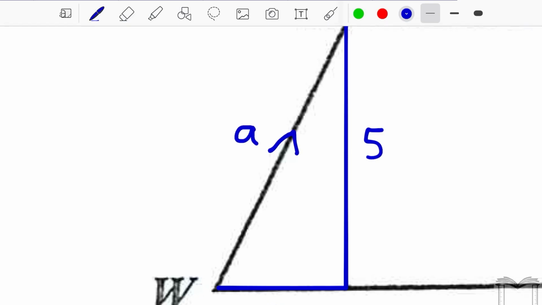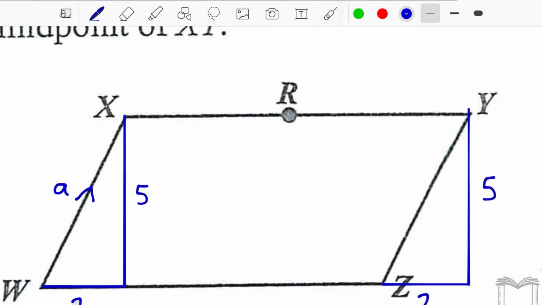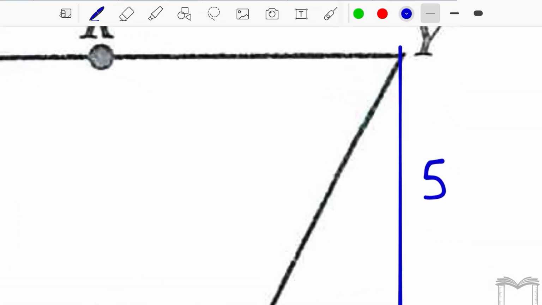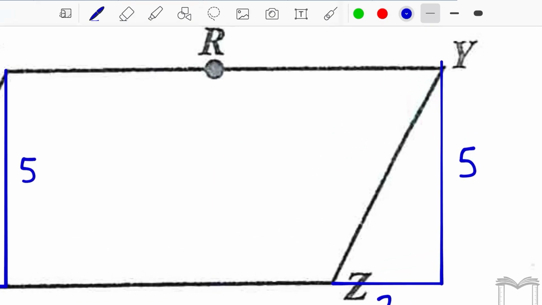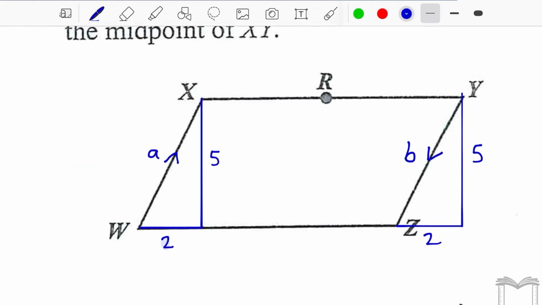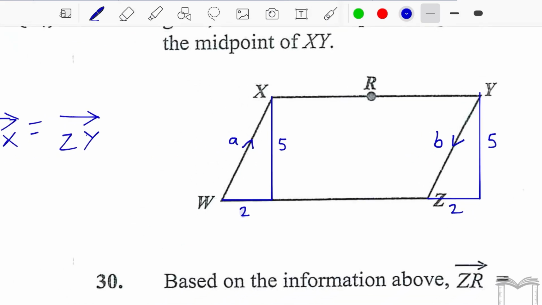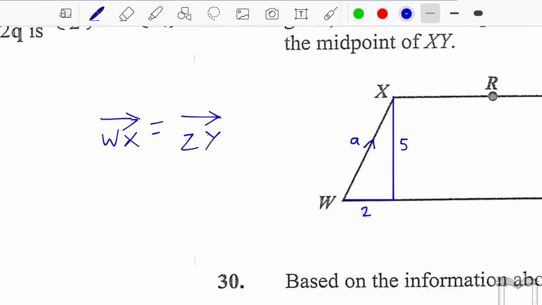So a would represent going from W to X. Let's say we're going from Y to Z. Let's call this b. Vector a will not be equal to vector b. They will have the same length or magnitude but not the same direction.